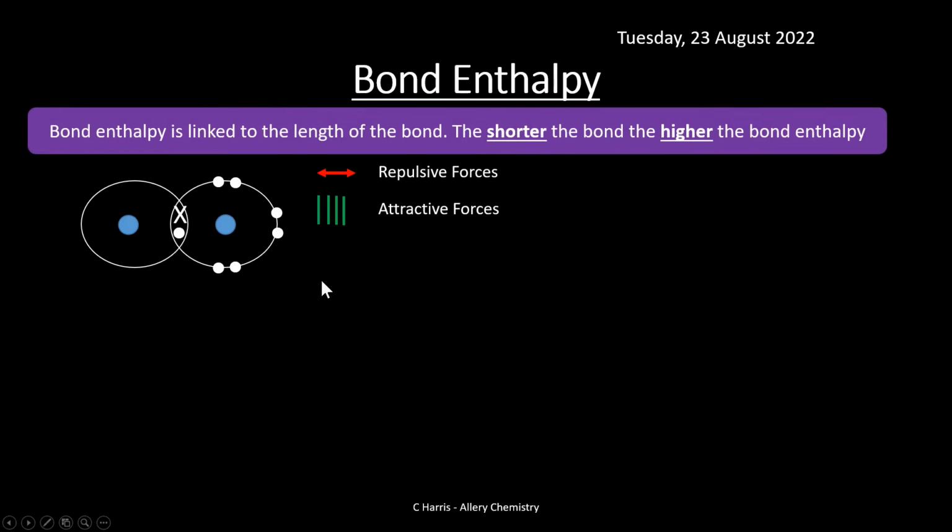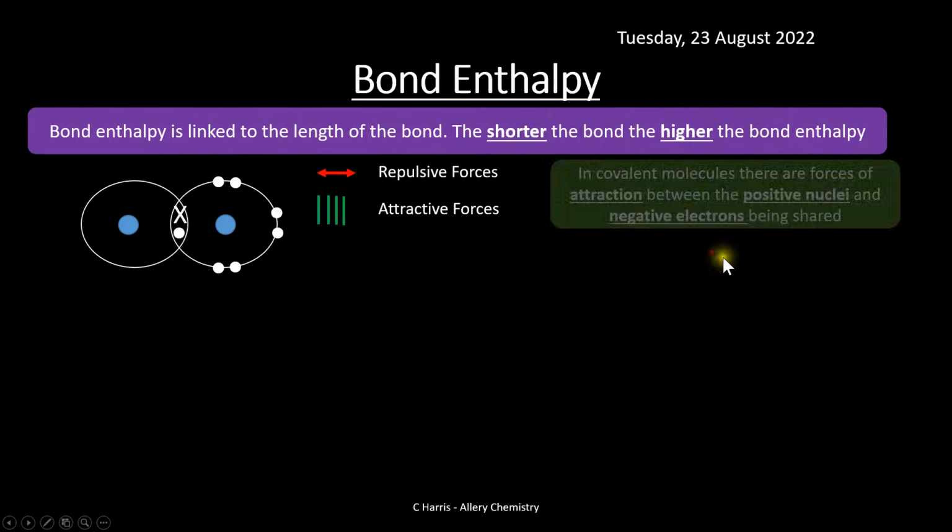Remember that the bond enthalpy, the strength of a bond, is linked to how long that bond is, and the length of the bond is dictated by the forces between the nucleus and the shared electrons. So basically, the shorter the bond, the higher the bond enthalpy. We need to know this relationship between the two.